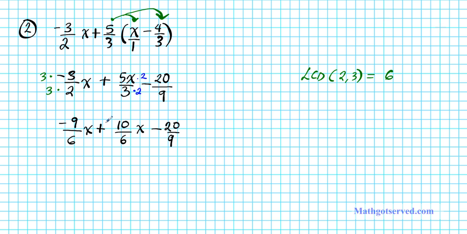Negative 9 plus 10, we're combining two numbers with different signs, so we have to subtract the smaller from the bigger, which is 1, and take the sign of the bigger number, which is positive. Okay, so it's going to be positive 1. The denominator stays the same, x minus 20 over 9. Okay, so that is the simplified form of this original expression you have up here.